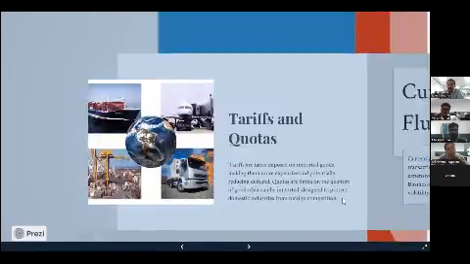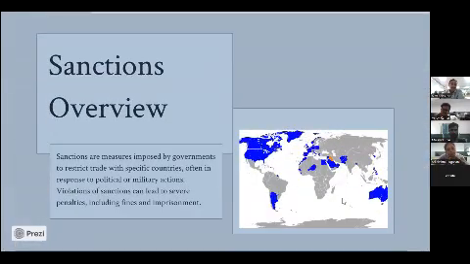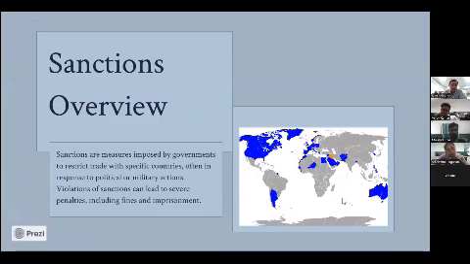Currency fluctuations also matter because we have seen so many sanctions. Sanctions are measures imposed by governments to restrict trade with specific countries, often in response to political or military actions. We discussed a little earlier that recently we had a war with Pakistan, which disturbed our military actions, and there was a huge loss to the country because we used weapons.